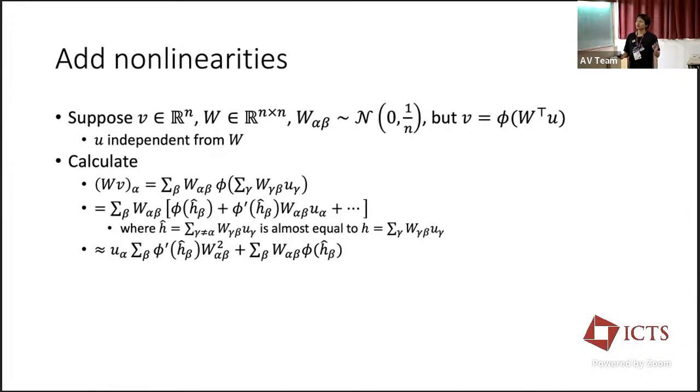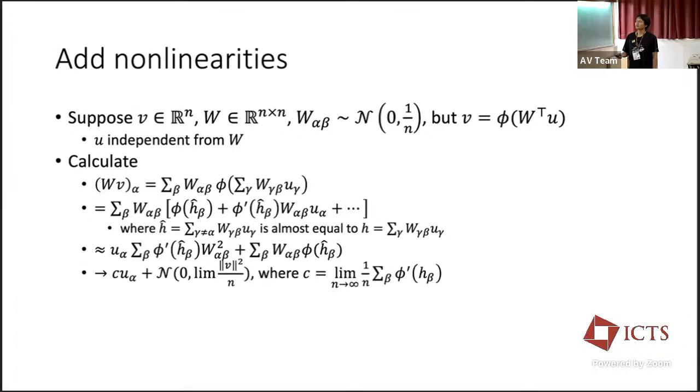Not the norm of phi prime, but essentially the mean of phi prime of h beta. And then the second term is essentially a Gaussian term. The way I write it here is that you have C times U alpha, where C is essentially the mean of phi prime of h beta over beta. And notice here I replace h prime with h, because the tiny difference between h prime and h does not really matter at all. So you can just replace h prime with h.